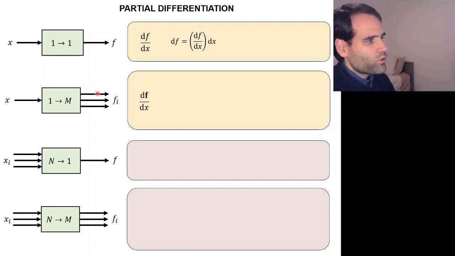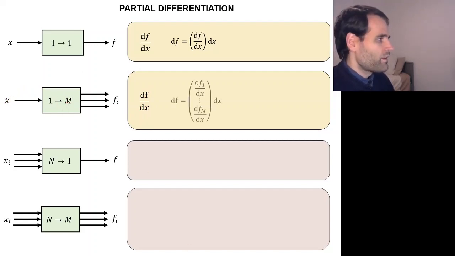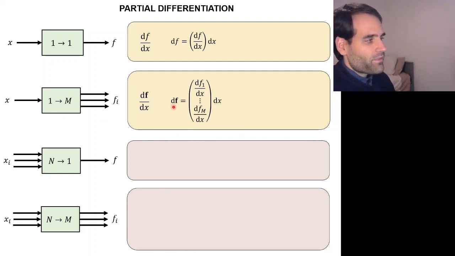Now, when we had multiple outputs, we covered this in the chapter on differentiating and integrating vectors, yeah? When we have multiple outputs, so the derivative of a vector with respect to its only variable, when we are going from 1 to m, we saw that we could define the differential of a vector, and the differential of a vector was written as the derivative of each of the components of the vector with respect to x multiplied by dx, okay? You remember we saw that.